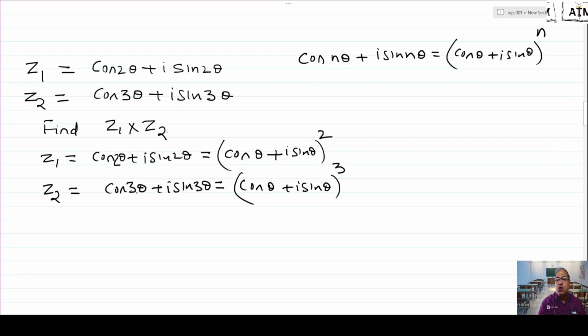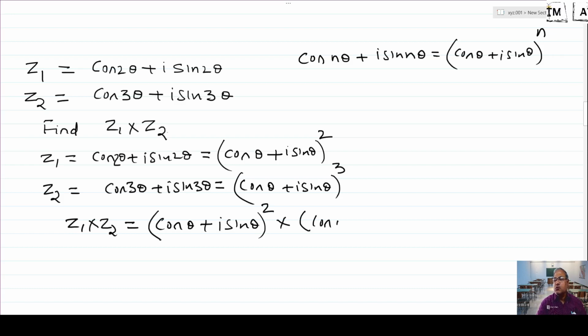Similarly, in cos 3 theta plus i sin 3 theta, 3 is shifted to the power, giving (cos theta plus i sin theta) whole raised to 3. Now z1 into z2 equals (cos theta plus i sin theta) whole squared, which is the z1 value, times (cos theta plus i sin theta) whole cubed, which is the z2 value.